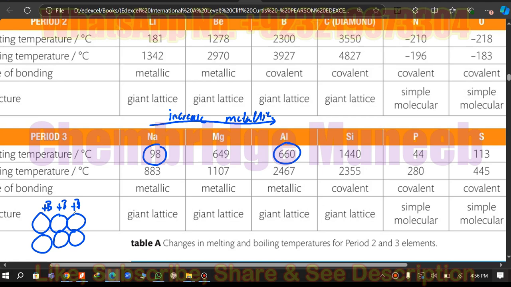And at the same time, there will be greater nuclear charge in the nucleus as well. So that's greater attraction between the positive charges and the sea of delocalized electrons. There will be stronger metallic bonding, and as a result of this, the melting point and the boiling point are increasing from left to right.